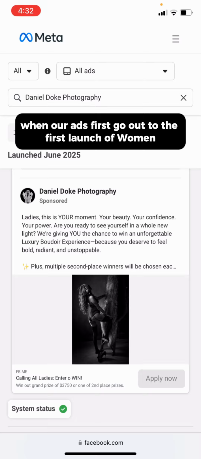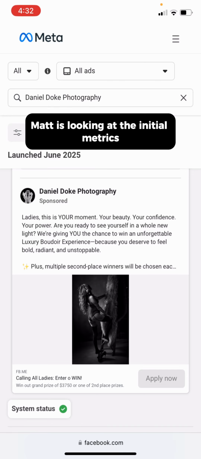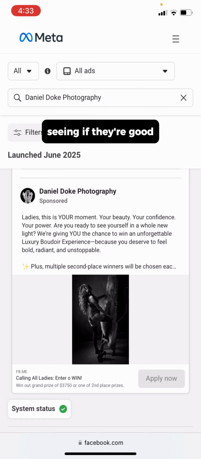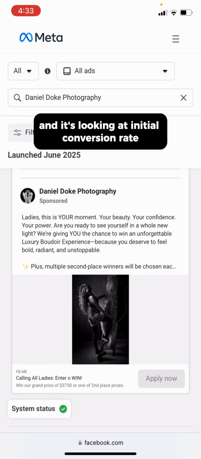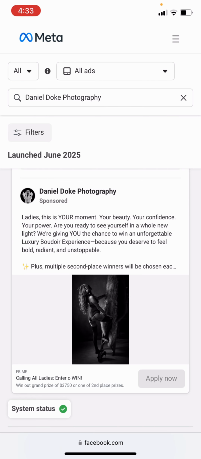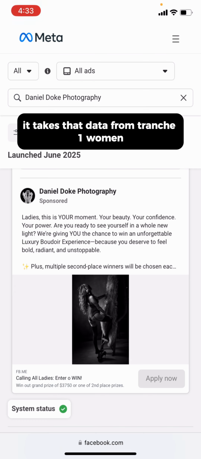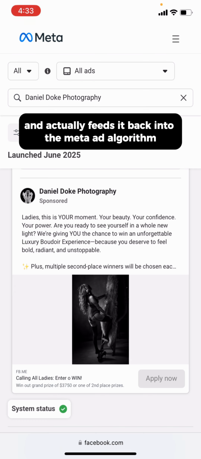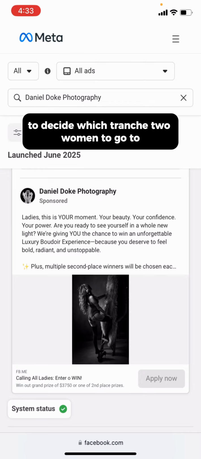When our ads first go to the first tranche of women, Meta is looking at the initial metrics, unique CTR all, things like that, seeing if they're good. And it's looking at the initial conversion rate, seeing if it's good. It takes that data from tranche 1 women and feeds it back into the Meta ad algorithm to decide which tranche 2 women to go to.